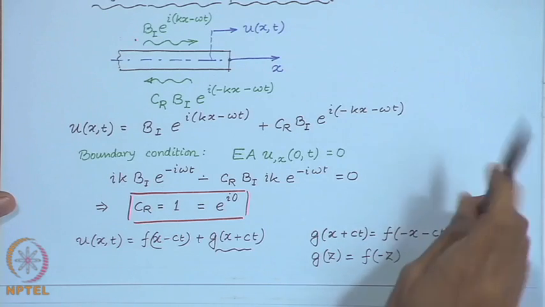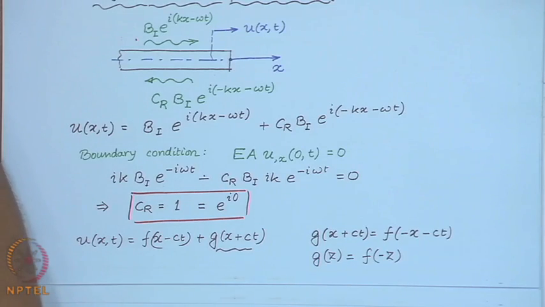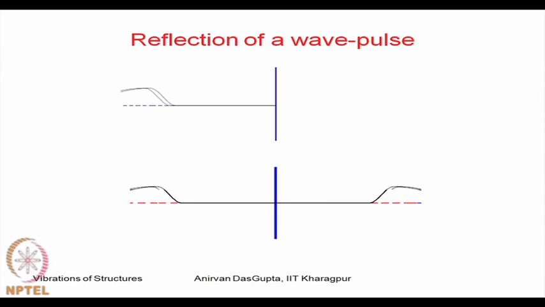Now, here in this animation we see a wave pulse traveling from minus infinity towards the positive x direction, a positive traveling wave pulse getting reflected at a free boundary.